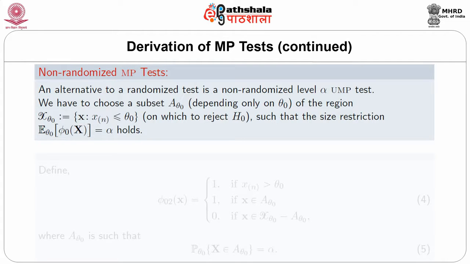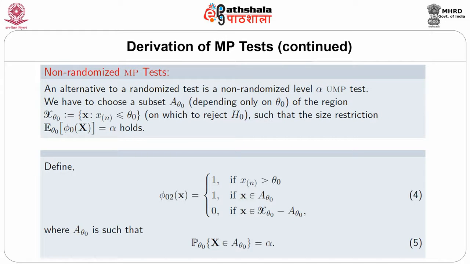Now, we consider non-randomized tests. This is an alternative to the randomized test, and here we can take any value in this region script x theta naught, that is, x order n less than or equal to theta naught. So, take a part of this, say a theta naught, depending only on theta naught, such that the size restriction, that is, the expected value of phi naught under theta naught, is alpha. So, define phi naught 2.